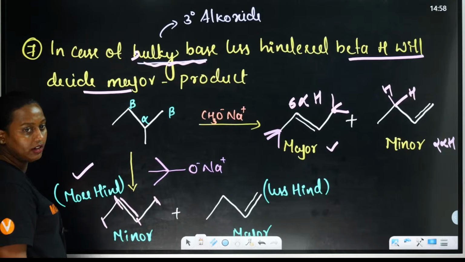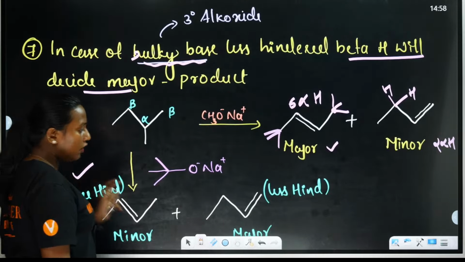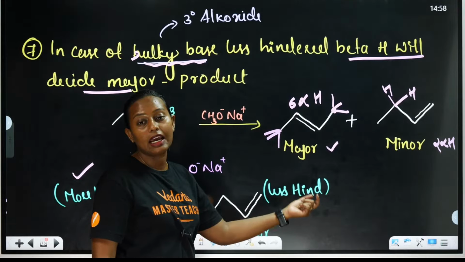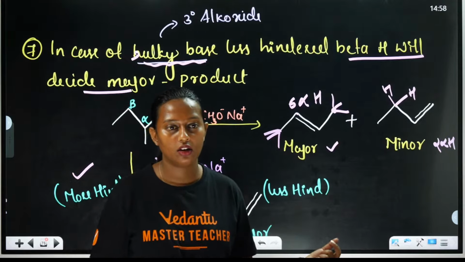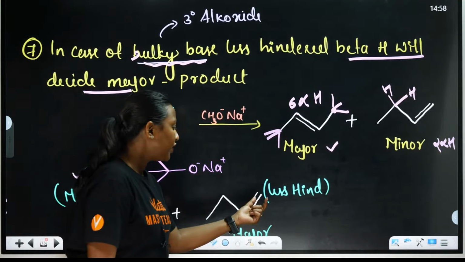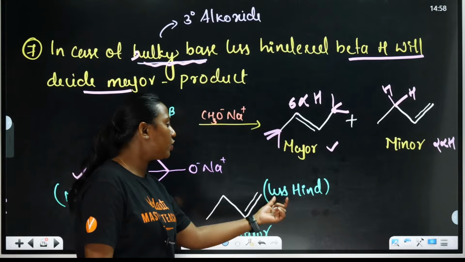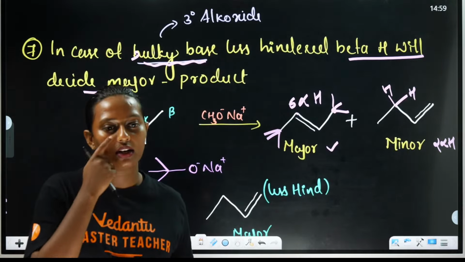The number of hydrogens is more, so it is a more hindered hydrogen. When you consider here, it is a less hindered hydrogen. The number of hydrogens is less, so it is a less hindered hydrogen. Okay, clear now?